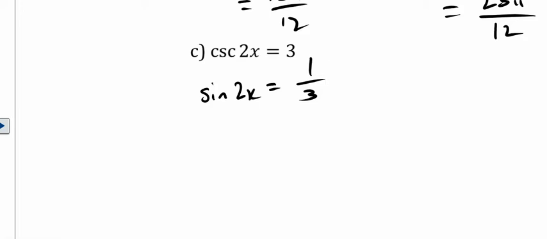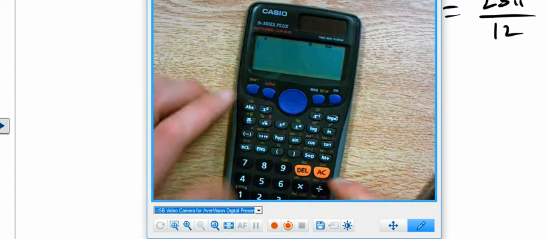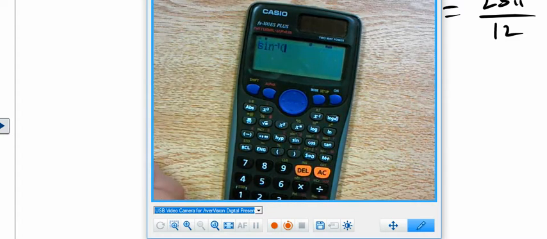Yeah, you use your calculator, sine inverse, right? You do shift sine 1 over 3, and that's going to equal your 2x. So if you haven't tried that, do that. Make sure I'm in radians.